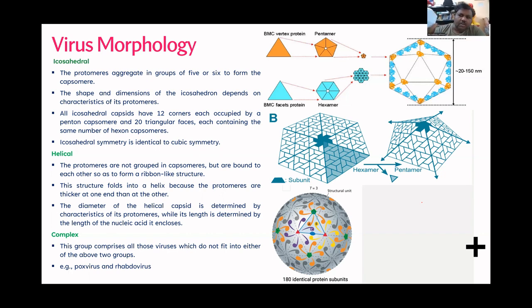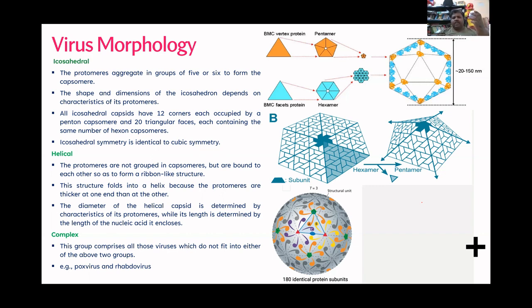You can see that this structure is now a pentamere. You can have 5 different faces for this structure: face 1, face 2, face 3, 4, and 5. So it is a pentamere, or what you can call a 5-faced capsomere. If we count the total number of triangular faces, there will be 20 different faces.